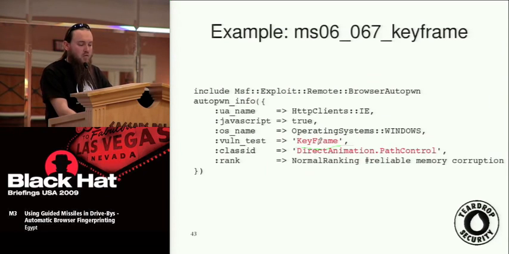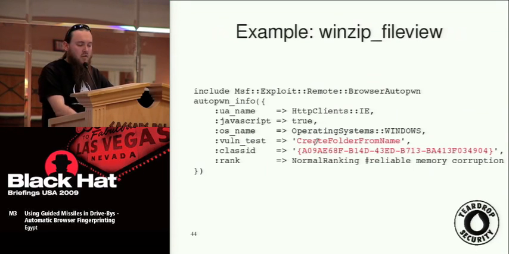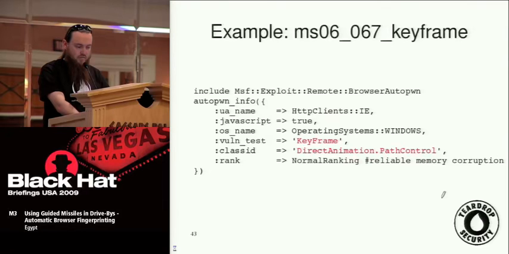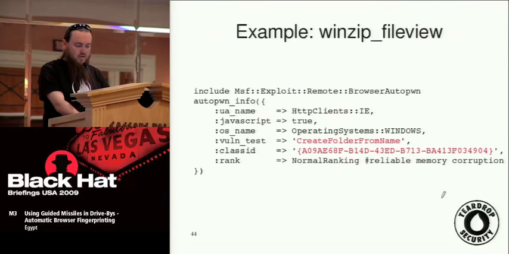So we just set that into our vuln test instead of having the JavaScript for it in this place. And you can see how that's different from the WinZip file view vulnerability that Dean DeBeer wrote and dropped a couple of months ago. Instead of having a class name, you have the actual class ID here. But otherwise, it's exactly the same. You can see the difference is minute. It's just those two little things.